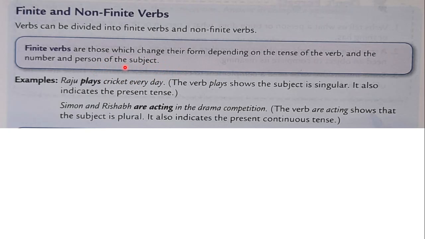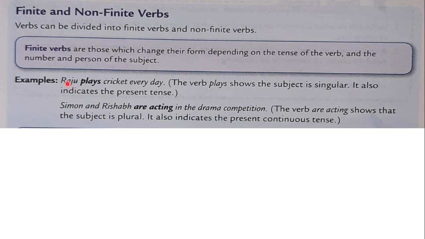So these finite verbs are those which change their form depending on the tense of the verb and the number and person of the subject, whether the subject is singular or plural. Accordingly the verb changes its form.